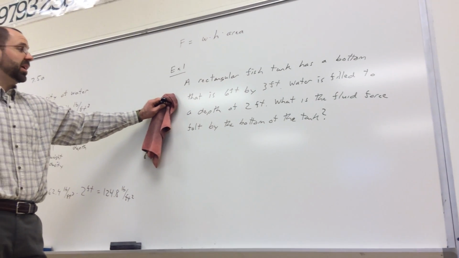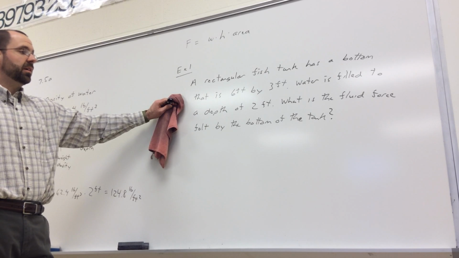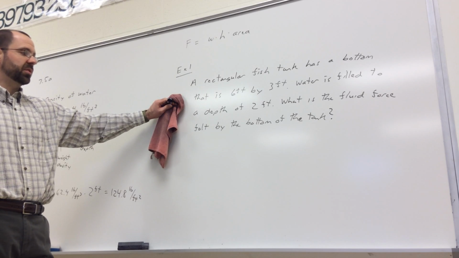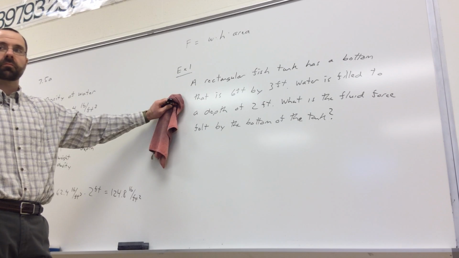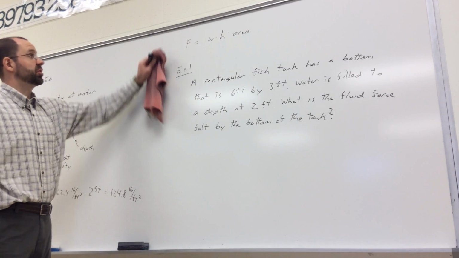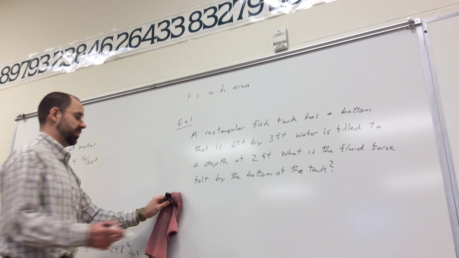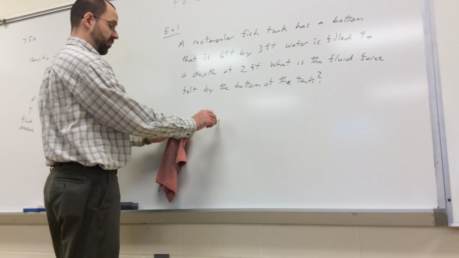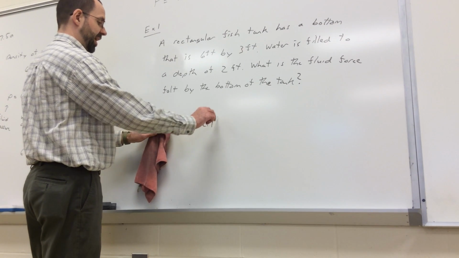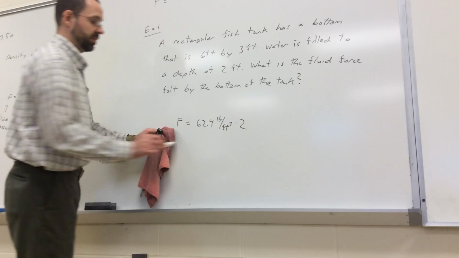A rectangular fish tank has a bottom that is 6 feet by 3 feet. Water is filled to a depth of 2 feet. And the question is, what is the fluid force felt by the bottom of the tank? So we're just going to use this formula, F equals W times H times area. Like we did over here, the weight density of water is 62.4 pounds per cubic foot. It's at a depth of 2 feet.